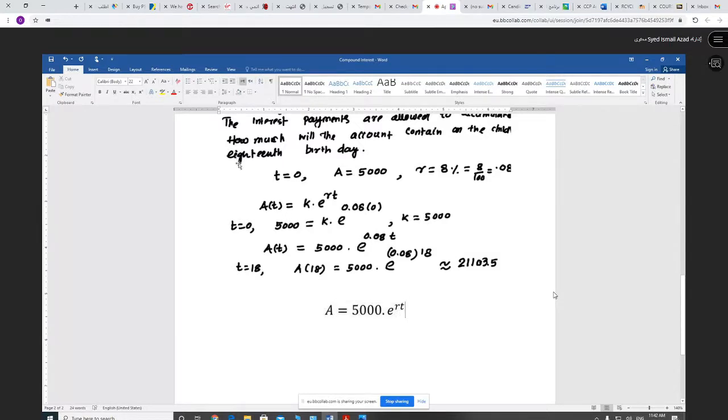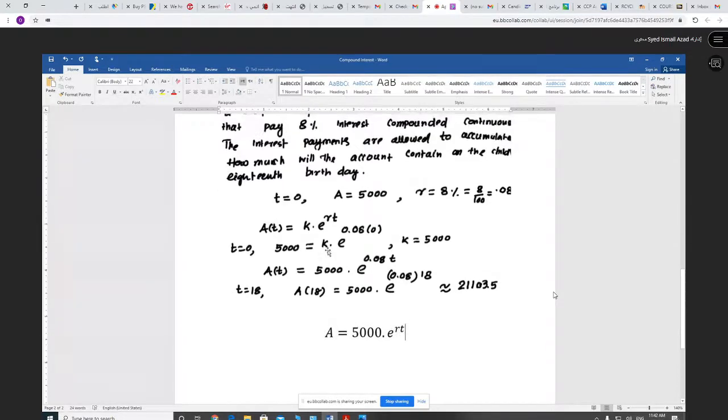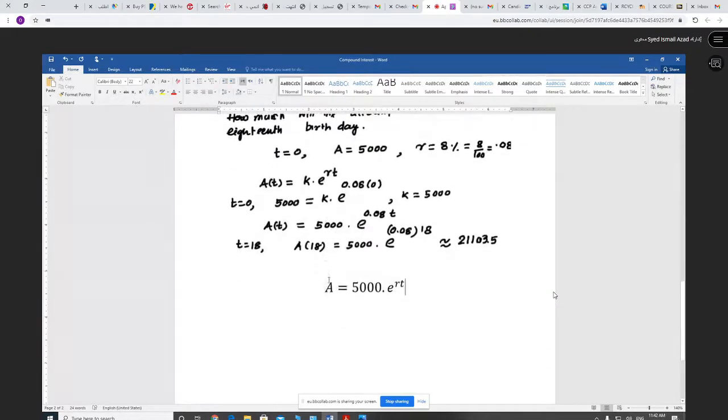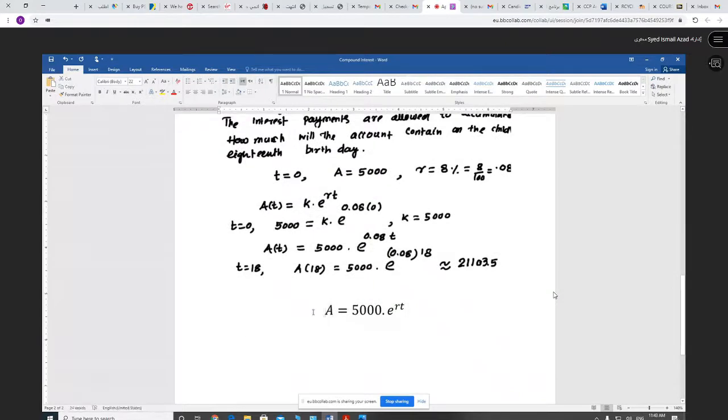Now let me write down what he wants. He wants you to find the value of A. This is what we need to find. A equals how much?